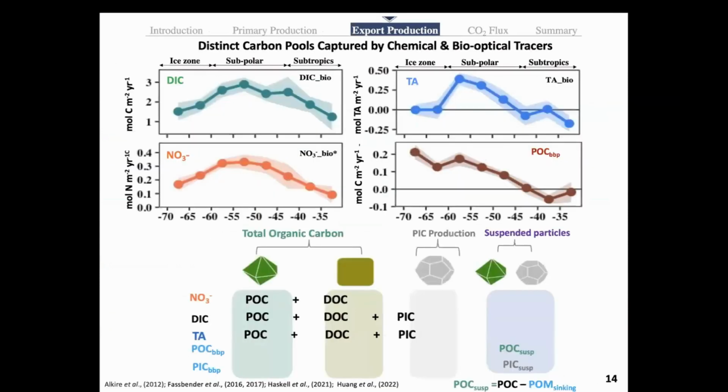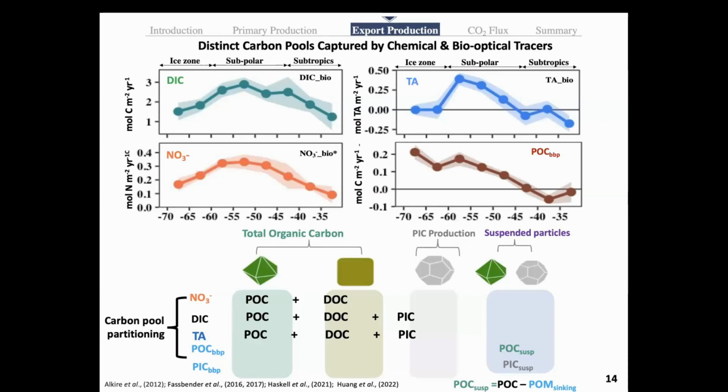So the first step we need to do is, as you can see, the biological term so far, the nitrate term, didn't include the PIC, but the biological term so far, the DIC, includes the PIC term.